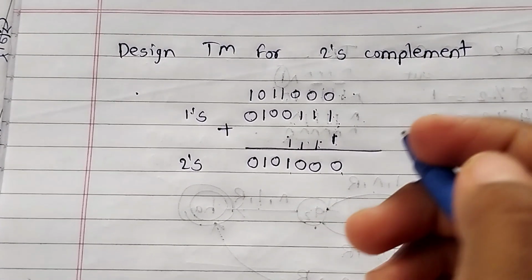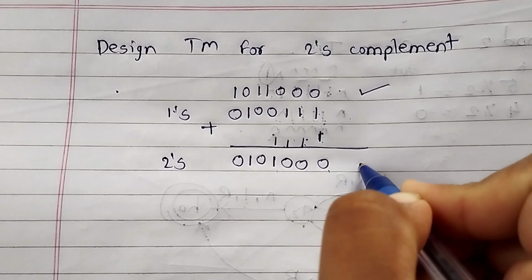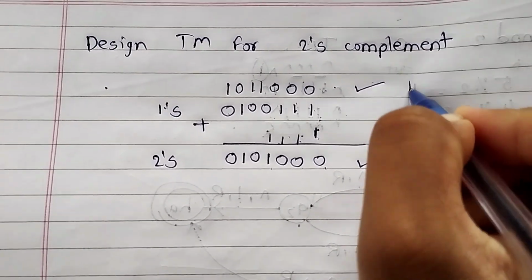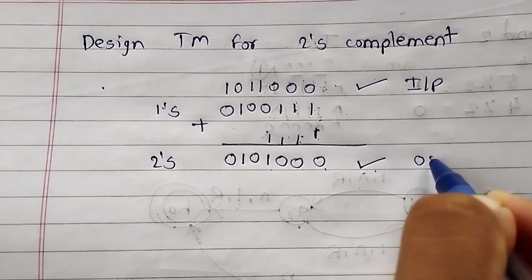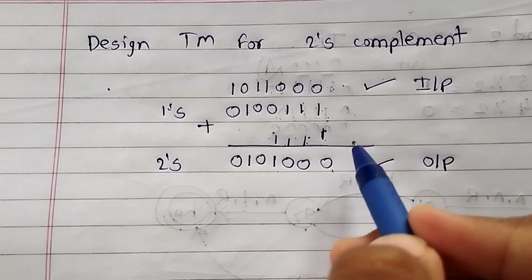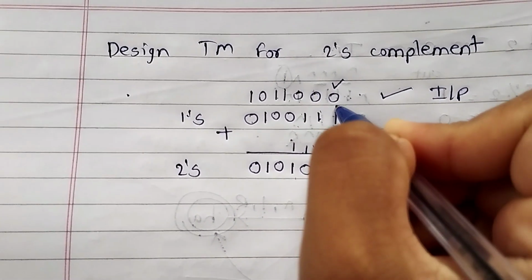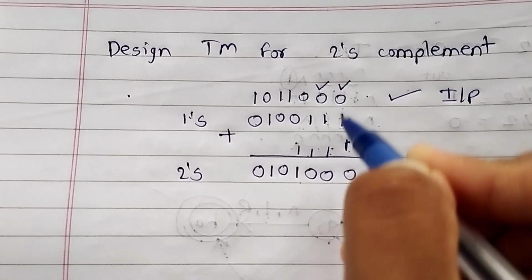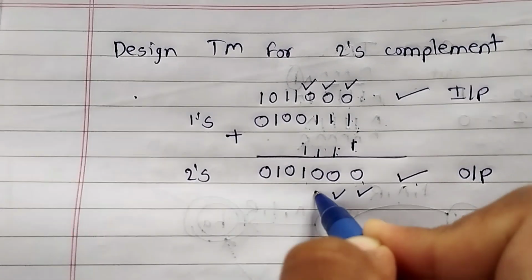Now think about this input string and this output string. This is the input string and this is the 2's complement, the output string. If you observe carefully, here is 0, here is also 0, here is also 0.